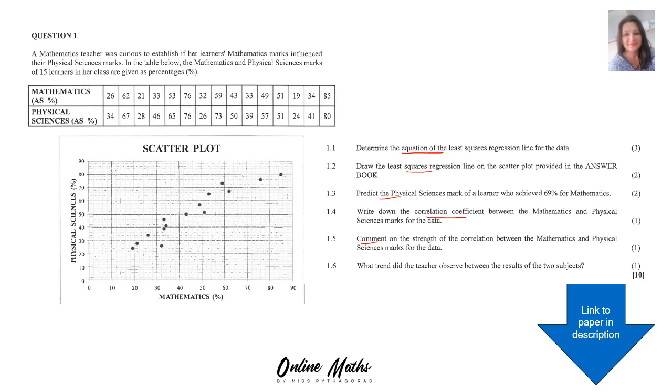Then at number 5, comment, and again just what's the trend there. Now my suggestion is the more past papers you work through, the more comfortable you will become with the format, the style and the types of questions that are likely to come up. But let me discuss this question in detail.